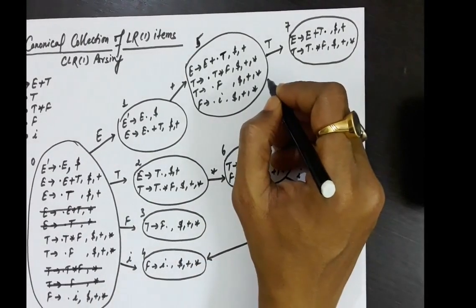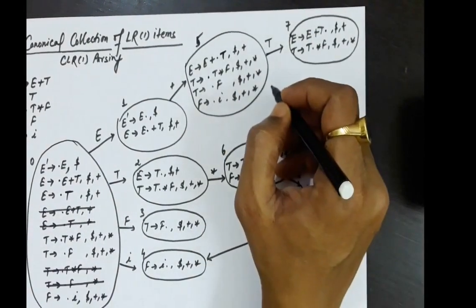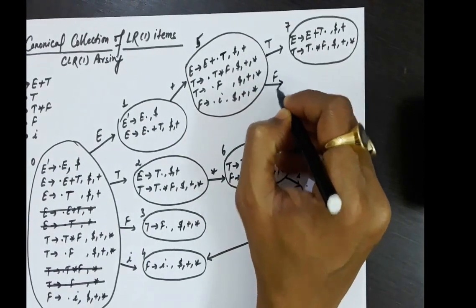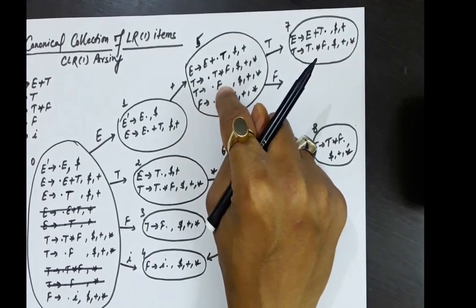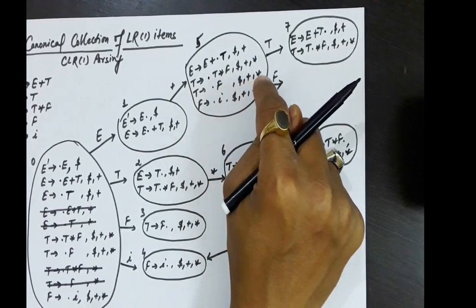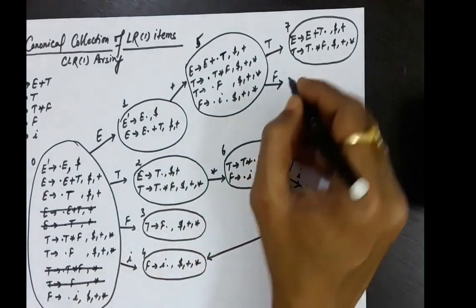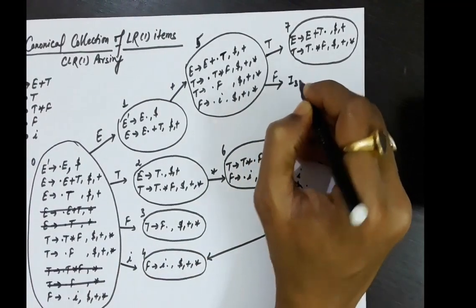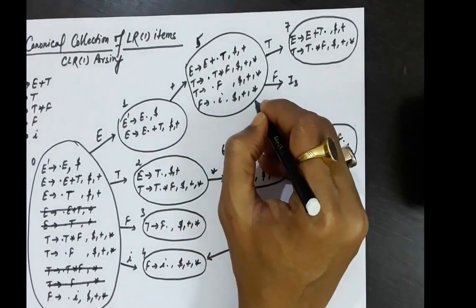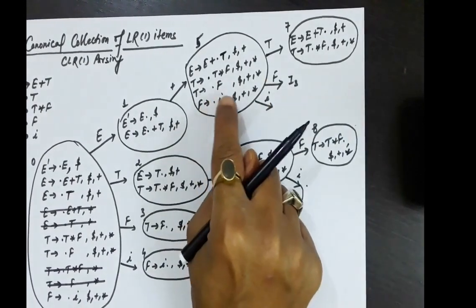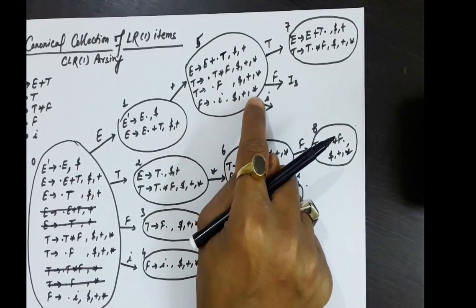Now if you see a capital F here, this will be T produces F dot and dollar, plus and multiplication sign as the look ahead. So this is same as the state number 3. Okay, now if you take an I from here, you will go to F produces I dot with dollar, plus and multiplication sign as the look ahead.